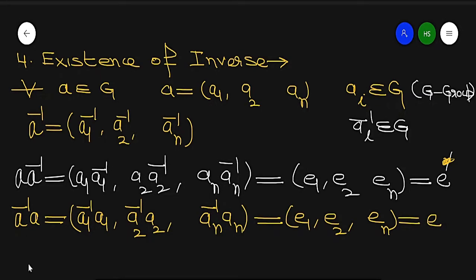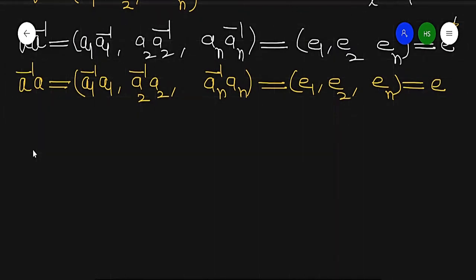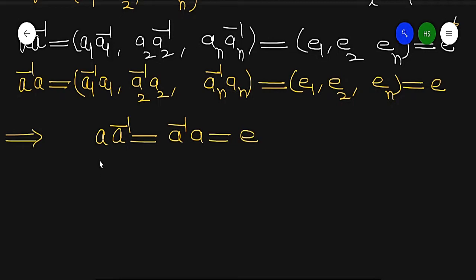So what do we get? We find a inverse, which implies a times a inverse equals a inverse times a, which is equal to the identity. So it proves all the properties of a group. So it means this G is a group.